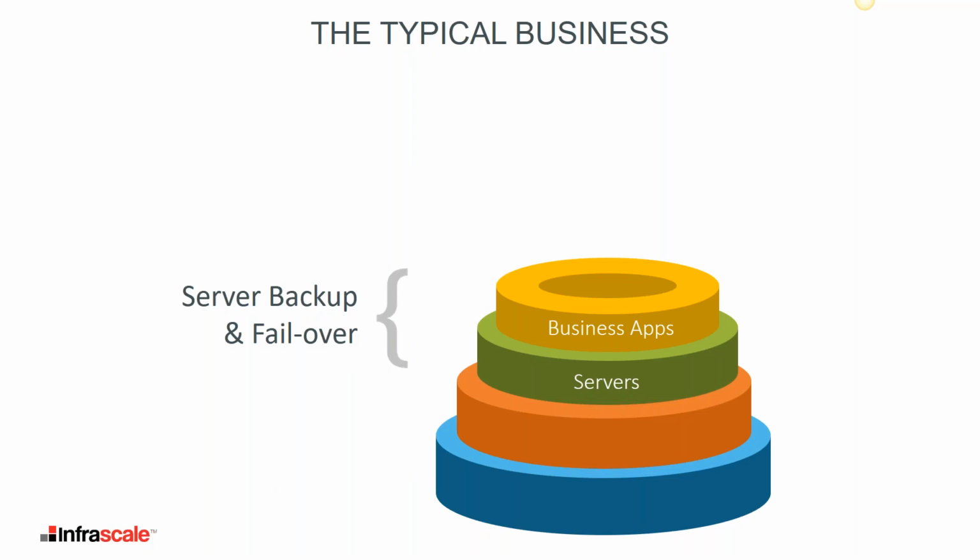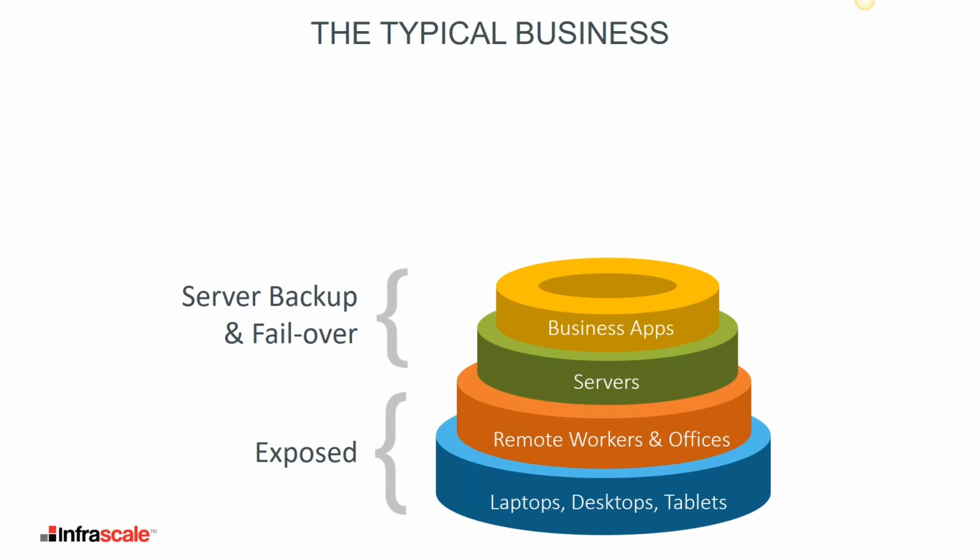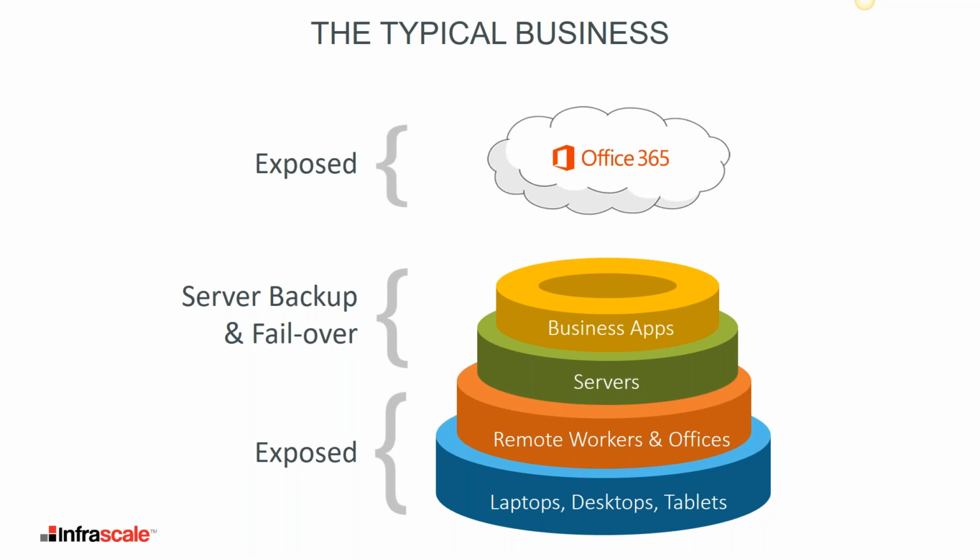A typical business has server backup and failover for their primary apps, and then all of their remote offices, workers, laptops and desktops are put on the onus of the individual working those things to stay safe. You know, hey, you better log into the VPN to sync to the server, or you're going to lose data. That's not a good strategy, because we know that's not going to happen very often. Then you add in hosted applications.